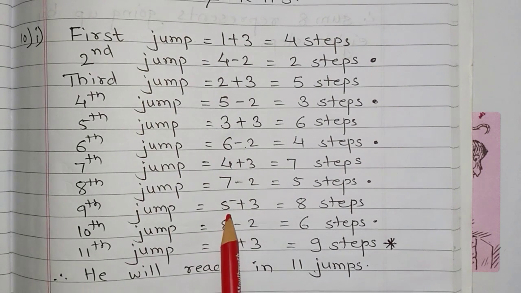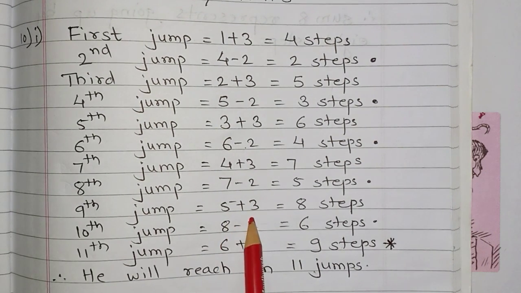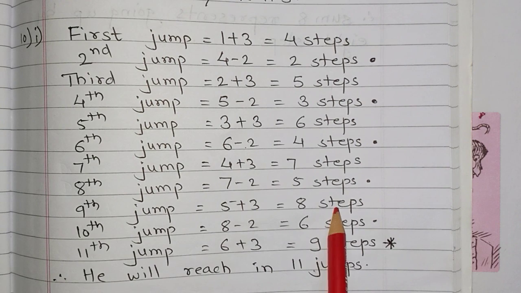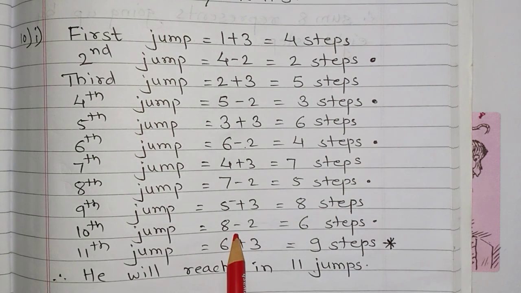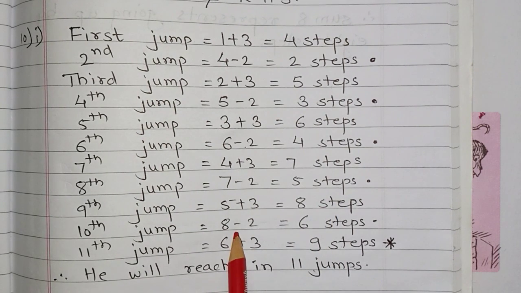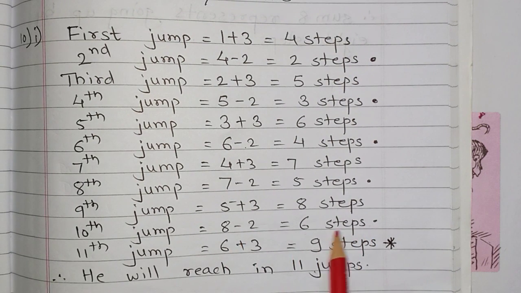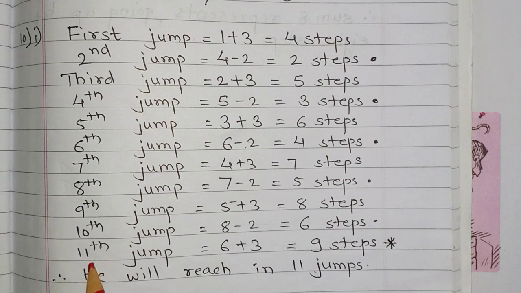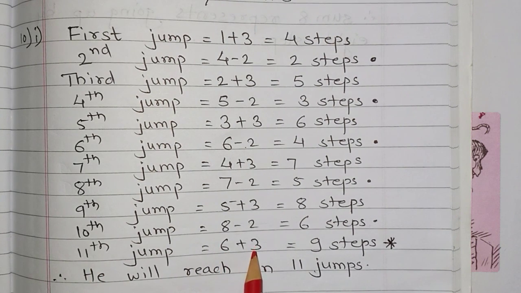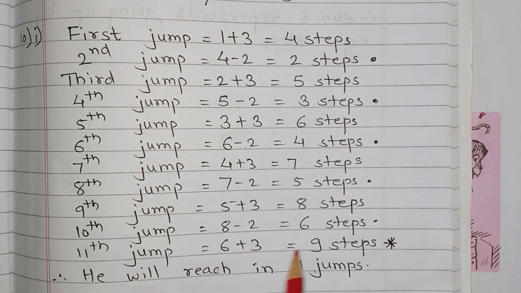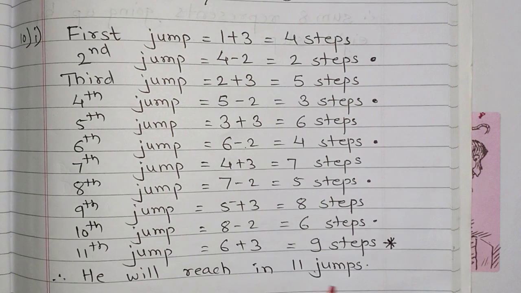In the 9th jump, 5 plus 3, it gives me 8 steps, but again he comes back on the 10th jump by 2 steps. So now he is on the 6th step. And from 6 steps, he jumps again by 3 steps. So on the 11th jump, he is on 9 steps. And our water is on 9 steps. So he will reach in 11 jumps.